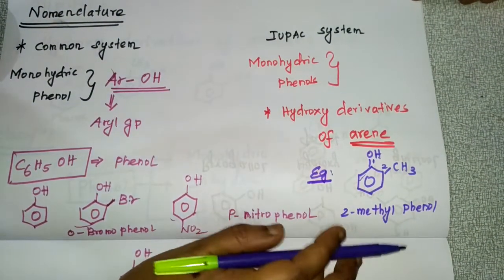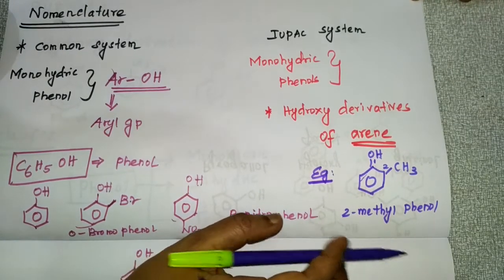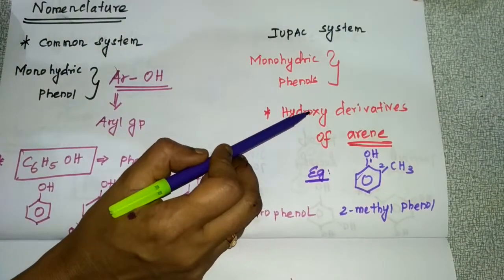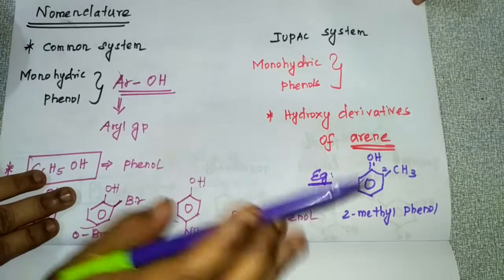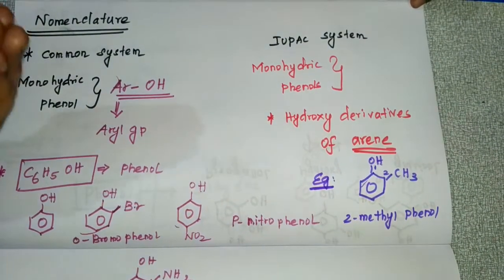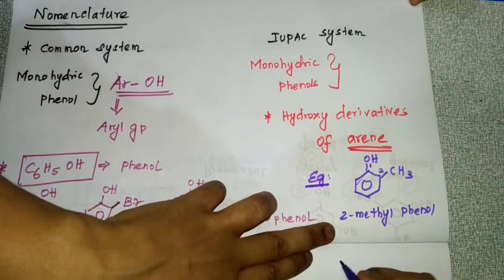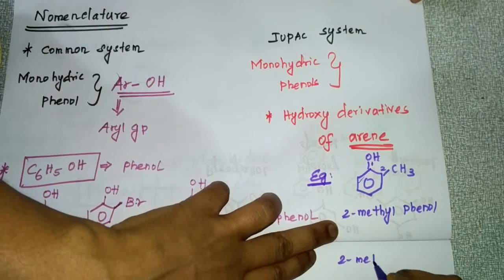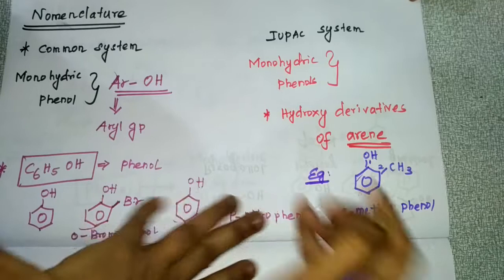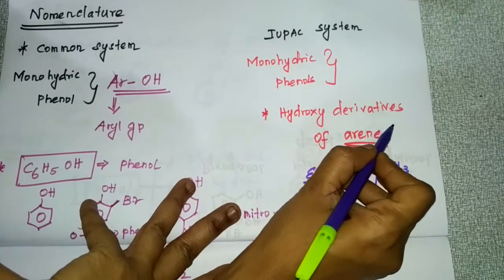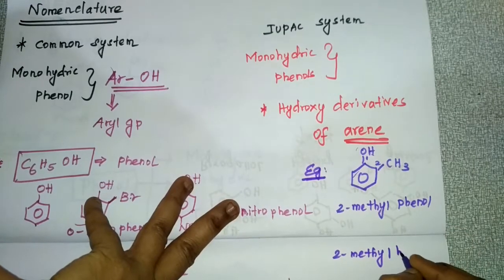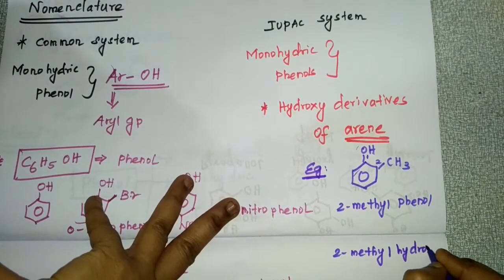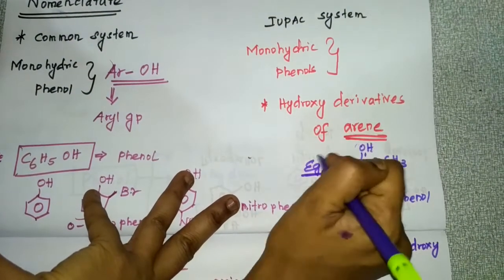If you are naming in the order of hydroxy derivatives of arenes, you have to name it as 2-methyl. That will be the same. 2-methyl. This is the hydroxy derivative I am saying. So this is hydroxy. Okay. Hydroxy, you have to write. Hydroxy derivative of arene.